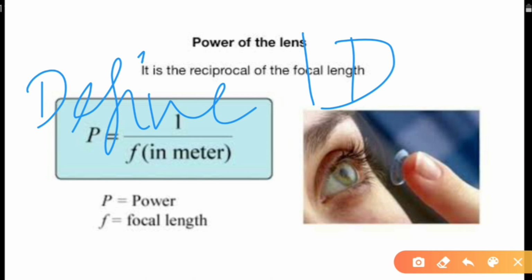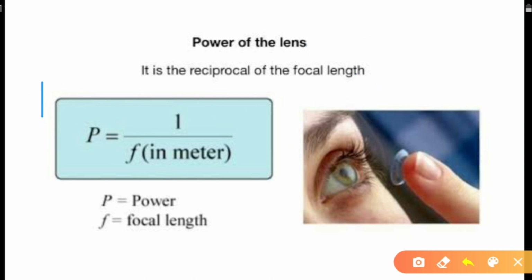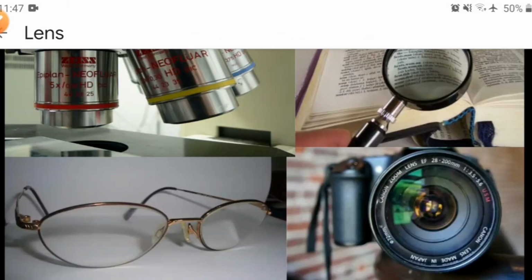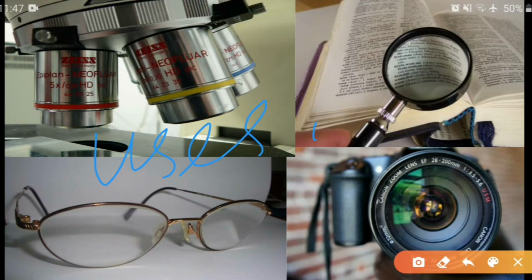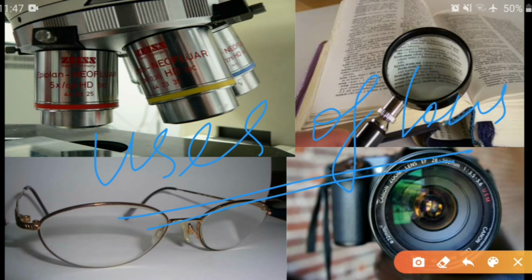Now we will see different uses of spherical lenses. So first of all, we will see different uses of convex lens.